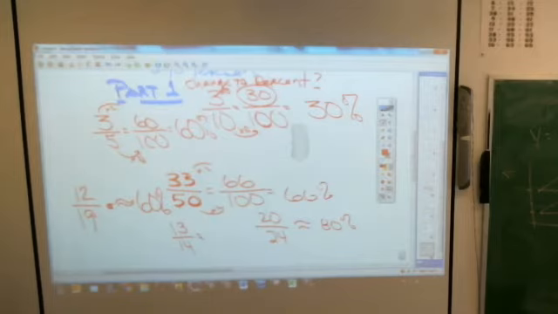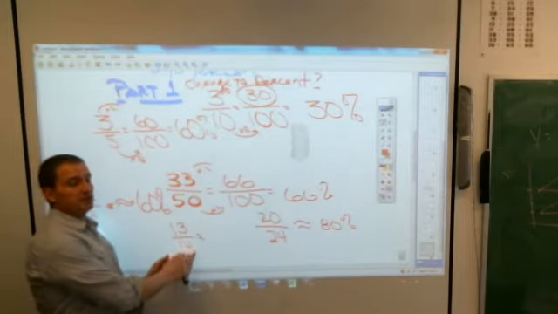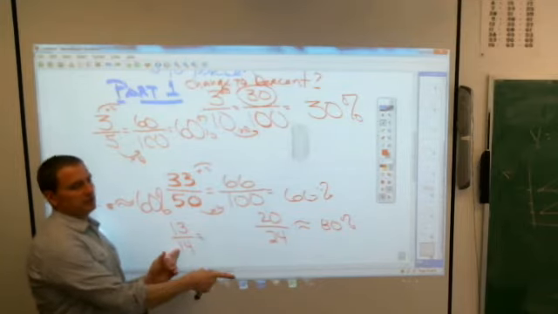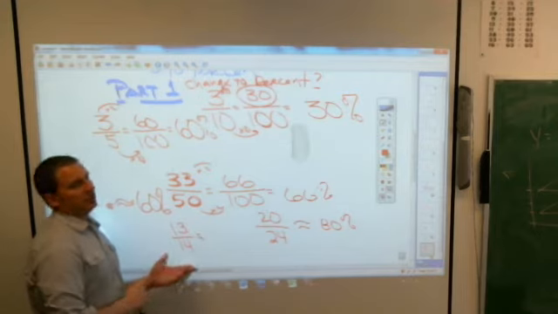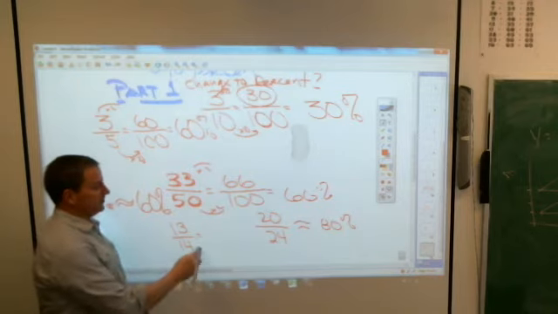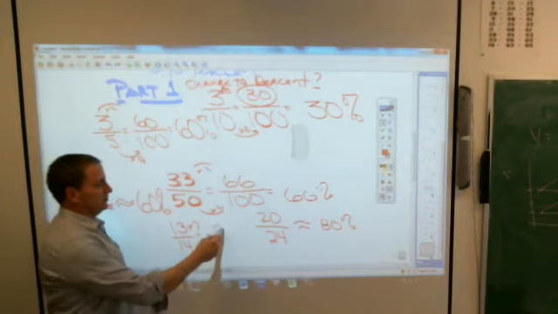It's not always trying to figure out what this is close to that'll give you 100, but think about what times 14 gives you close to 100. For example, hopefully at some point you can do 6 times 14 in your head, which is 84. 7 times 14 is 98, which is awful close. So if you multiply this by 7 and multiply this by 7, you are going to get awful close to your percentage.